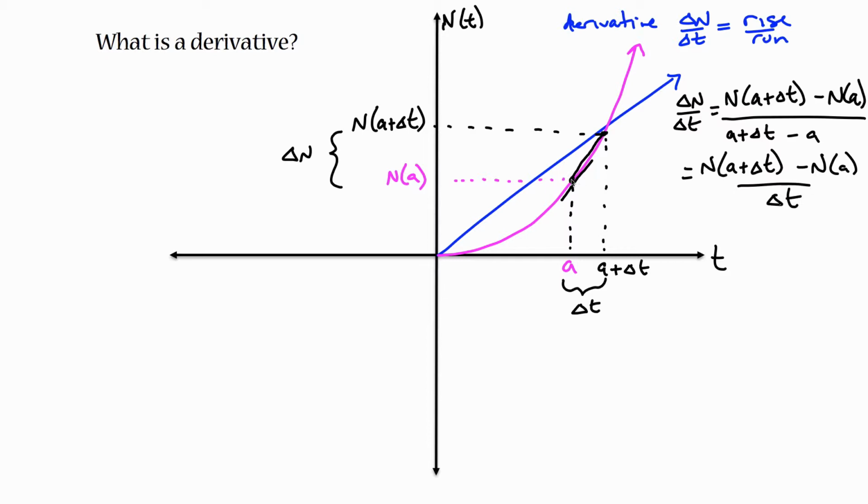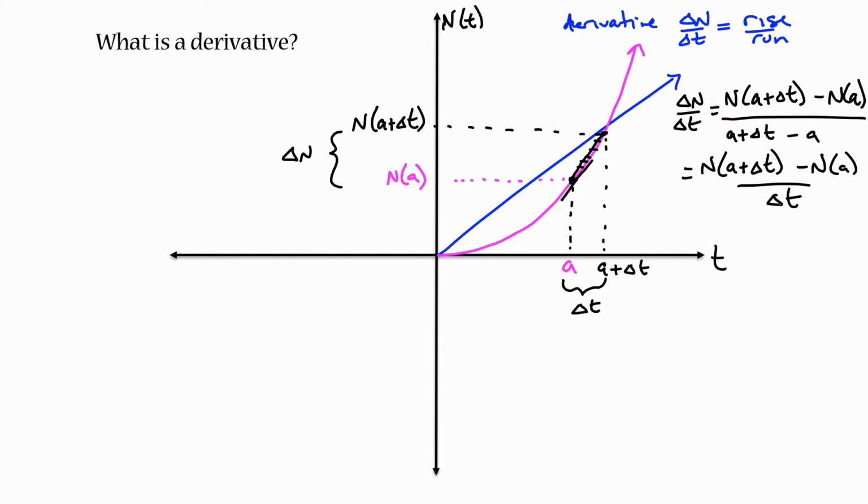So the obvious way to get an estimate of my instantaneous slope is to just make delta t smaller and smaller and make secant lines closer and closer to A. As you can see, it's a bit tiny, but the closer I make my second point to the original point, the more similar the secant line and the curve become, such that if we can get delta t so small that it's effectively the same as A, then the secant line and the curve will be the same, and we can get the exact instantaneous rate of change.